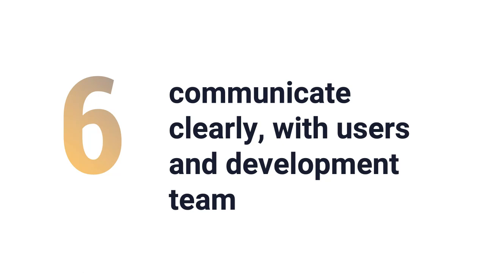This transparency builds trust and sets the right expectations. For users, this might mean explaining how they can customize their experience or how the product might evolve over time. For your team, it's about ensuring everyone understands the vision and the technical implications of your flexible architecture.